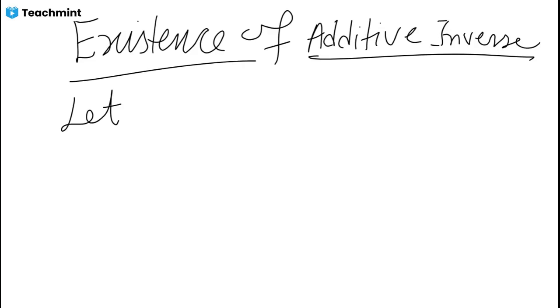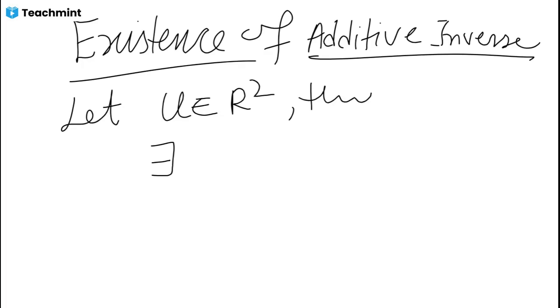Let U belong to R2, then there exists another, you can take U dash, or you can use V also, not an issue.